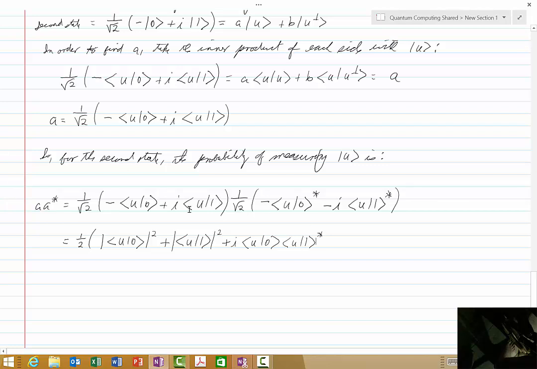And then we also have this term multiplied by this term. So we'll have minus I times the inner product of U with 1 times the inner product of U with 0 conjugate.